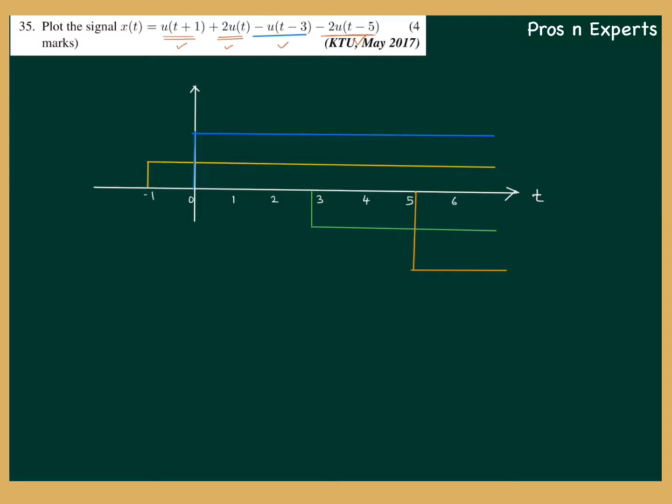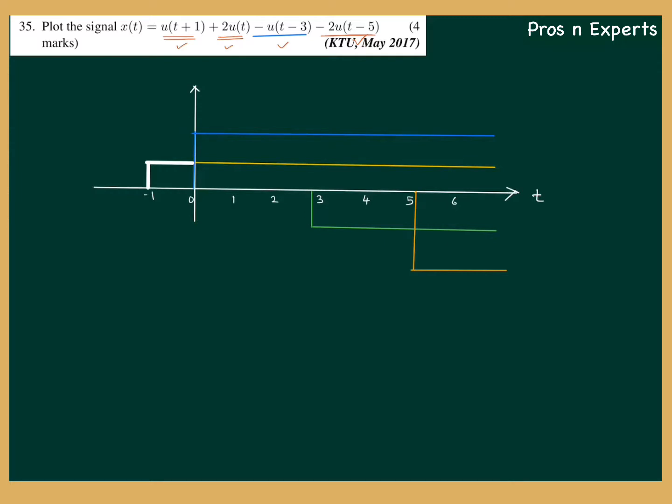Now what I'm going to do is algebraically add all these signals to obtain the output. So initially this is the only signal and there is nothing else to add, so the sum is itself up to t equal to 0. But what happens at t equal to 0? One more signal adds, whose amplitude is 2.